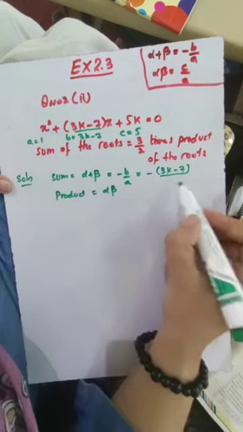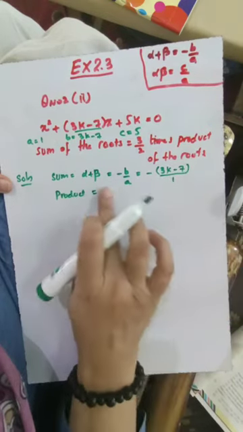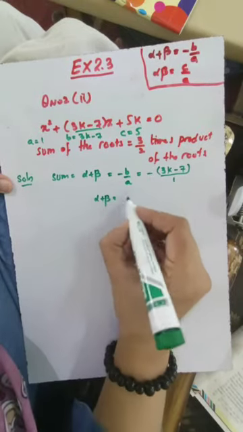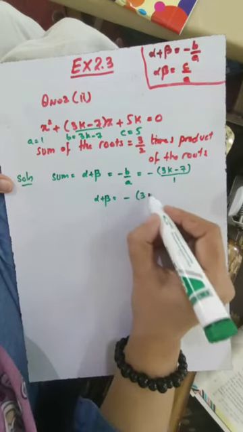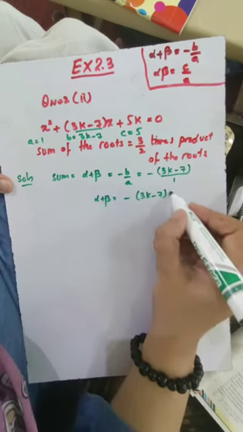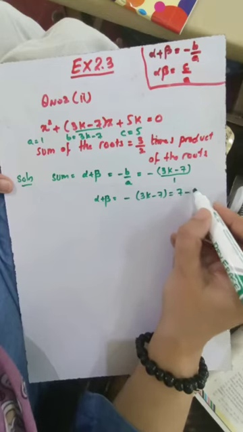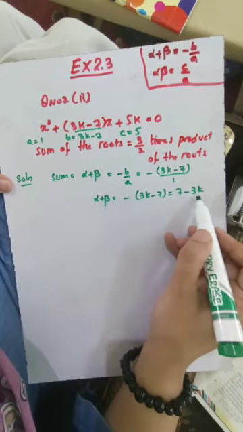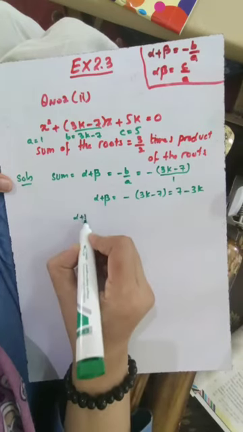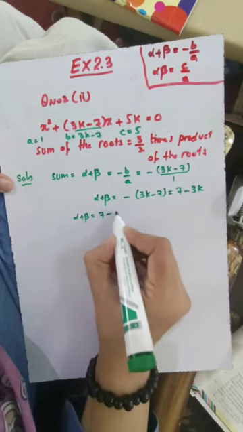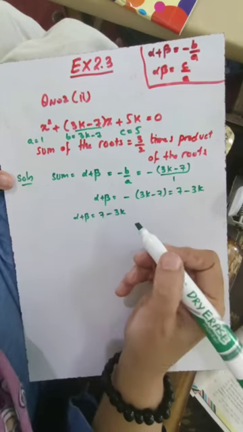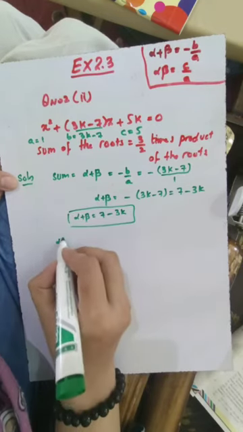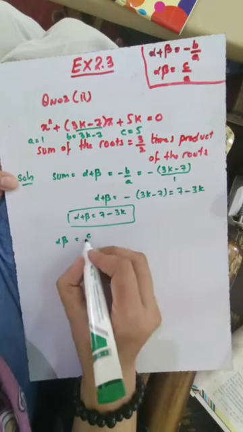What is a? A is 1. So alpha plus beta is equal to negative of 3k minus 7, which you can write as 7 minus 3k. After this negative sign is multiplied with this bracket, we get 7 minus 3k. So alpha plus beta is 7 minus 3k. And similarly, if you want to find alpha into beta, this will be c by a.